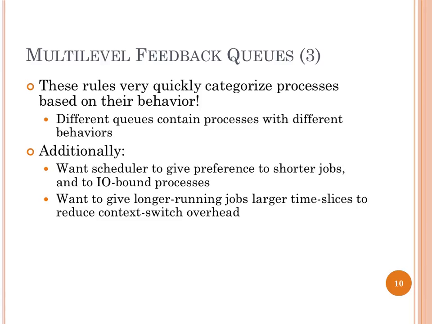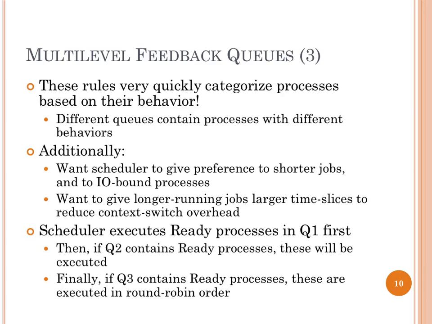Well, if you have a process that ends up in the queue with a short time slice and it's getting blocked or yielding all the time, so it's going to the same queue, it probably is an interactive process. So let's make sure that the queue with the smaller time slice has a higher priority. Okay? And then you just sort of say that the lower the priority, the longer the time slice, and so you just go through the queues in that kind of order.